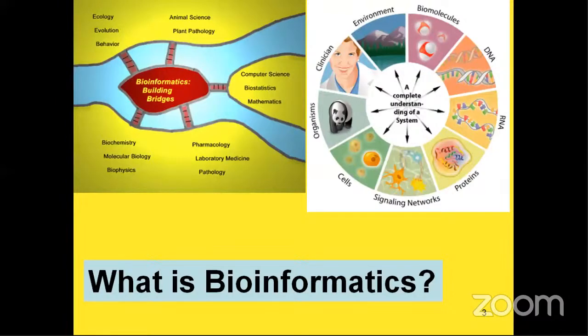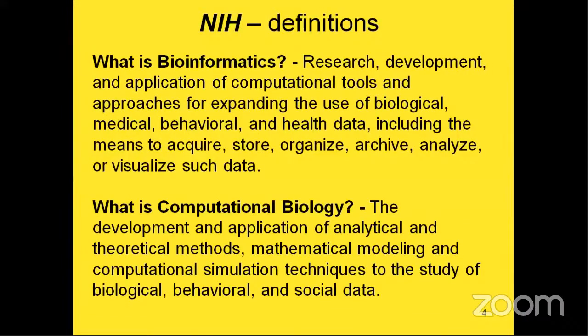So the basic definition. People are generally confused about bioinformatics and computational biology. Bioinformatics is the research, development, and application of different computational tools. That means the tools that are available online, and the pipelines that are available in different labs and so on.